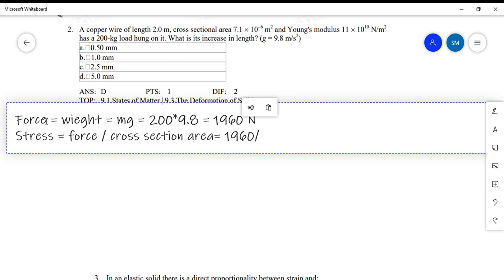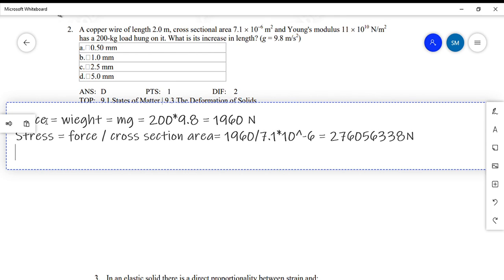He gave us the cross section area in the givens, 7.5 times 10 power negative 6, which is equal to this big number. You can use the calculator to calculate it. So here we have the force, here we have the strain, and we have Young's modulus as a given, so we can use the stress and Young's modulus to calculate the strain.